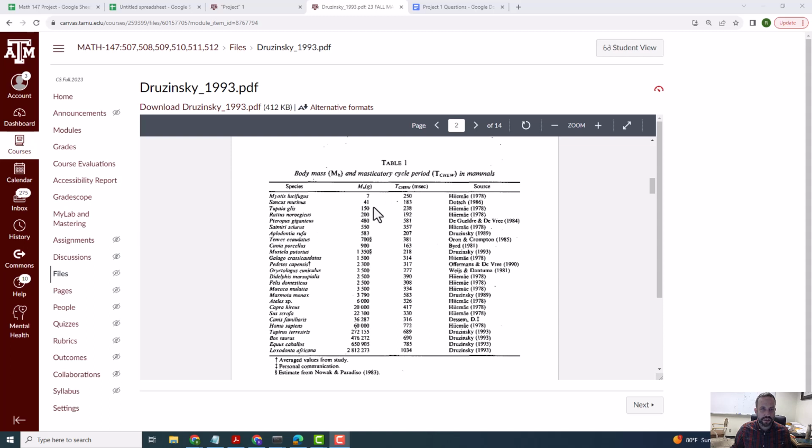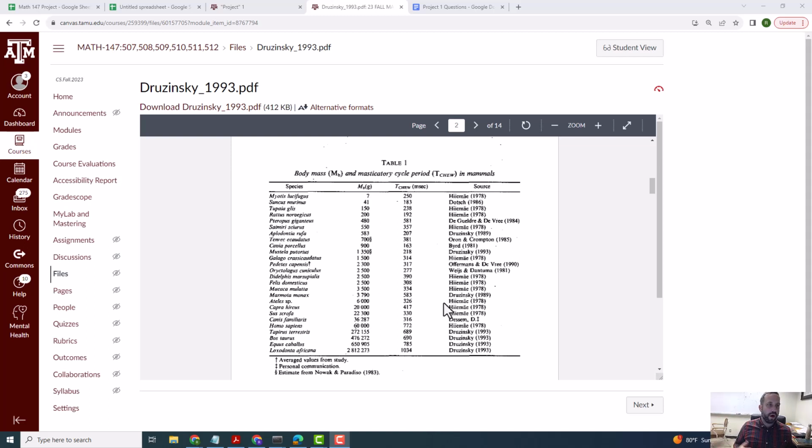So it takes this animal 250 milliseconds to do one chew. Opening your mouth and closing it, he's counting that as one chew. So that is the period. It takes 7 milliseconds for this animal that has a mass of 7 grams to complete one chewing cycle.